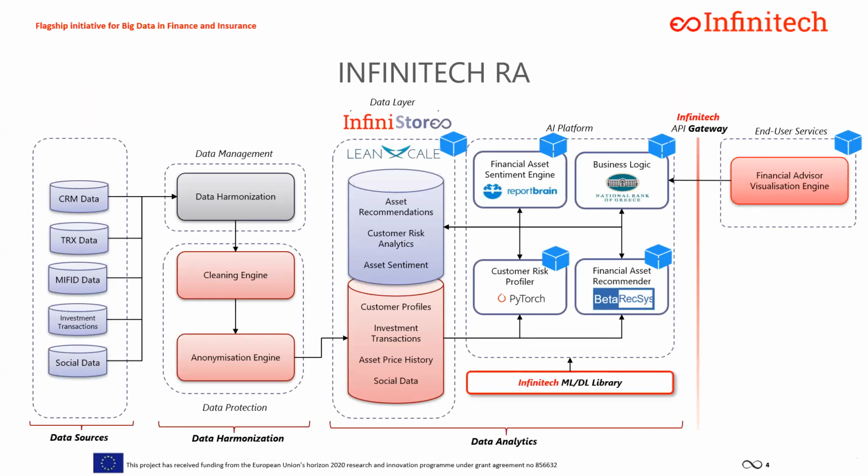After data harmonization, meaning cleansing and anonymizing the data, we move on to the data analytics part, where we take into account the customer risk profile, the assets, the investment transactions, the historical data, social data, and so on.